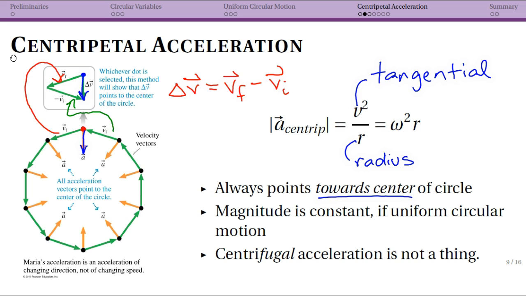So we're talking about centripetal acceleration, which is different than centrifugal acceleration, because this is just not a thing. I will be very happy if you never say it or write it. I understand that sometimes you'll make a mistake in terminology, but the scary thing is that if you start saying acceleration is pointing away from the center of the circle, well, that is just wrong.